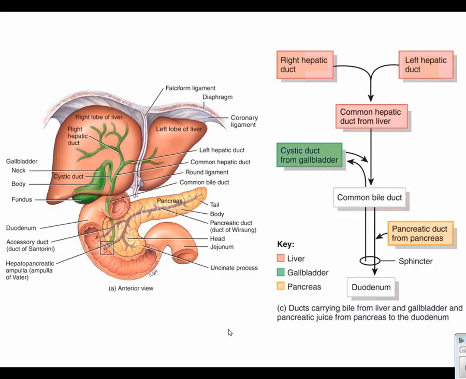Now, the figures here on the last page, not the last page of the lecture, but the last page about those 3 accessory organs, demonstrate the intertwining that exists between those 3 organs. Okay, so here in our liver, we can see we have 2 major lobes, the right and the left lobe. Those provide bile into these 2 bile ducts. Those 2 bile ducts, or hepatic ducts as they're called, form what's called the common hepatic duct. Along with the cystic duct, those unite to form a common bile duct.